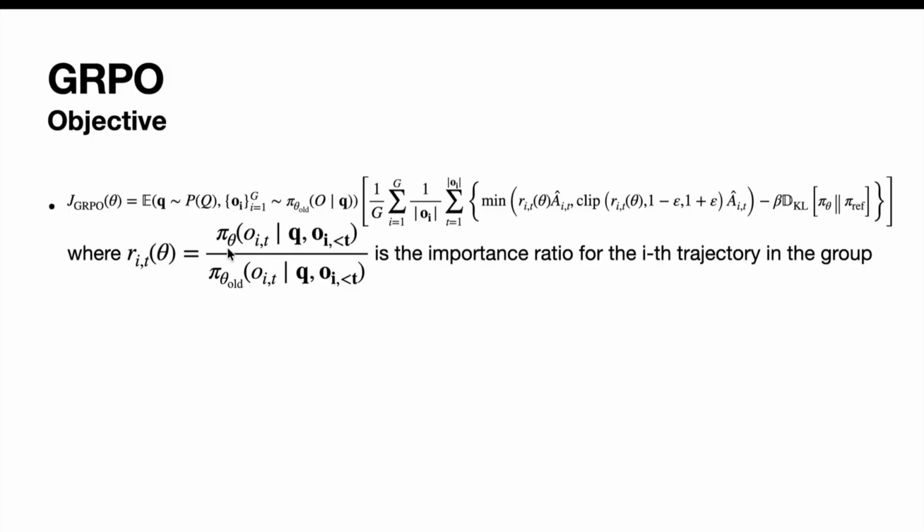This ratio compares the probability of token o_it under the current policy pi theta with its probability under the old policy pi theta old, given the same prompt and the previous tokens. The advantage A_it is computed using the group relative reward we introduced in the previous slide. The clipping part is the same as PPO. It prevents the current policy from moving too far away from the old policy during one update.